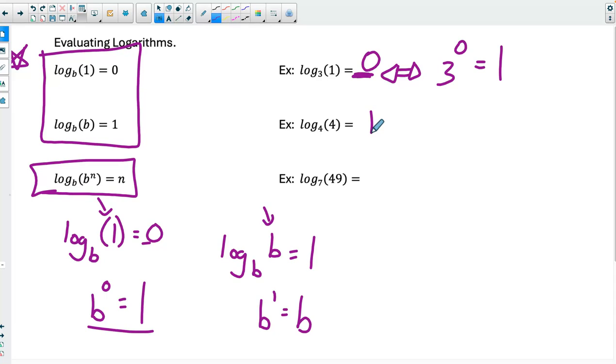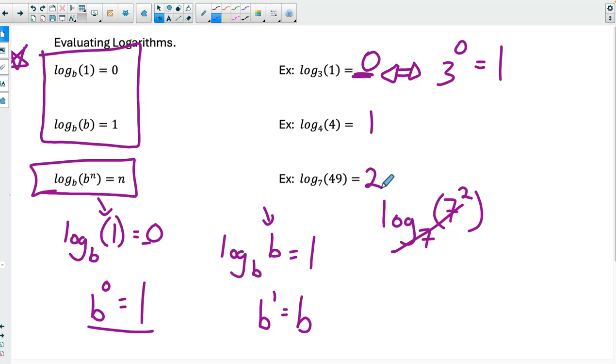Last one we're going to look at. We utilized this property when we were dealing with solving for the inverse function. 49, what's another way I can write 49 out? Perfect. So notice our base is the same. Both the base of the log and the base of the argument are the same, so they cancel, leaving me with 2.